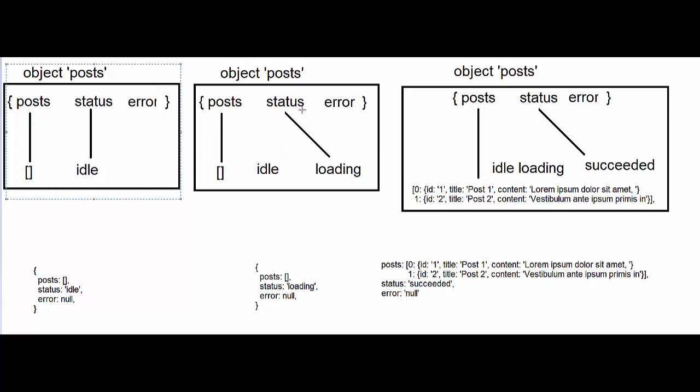We change the status property, mutate the status property by giving it a new value, pointing to another place, creating in another place in memory the new value loading. But idle is not changed, not mutated. It is immutable, and because of that, for primitive values, string, number, etc., we said they are immutable.